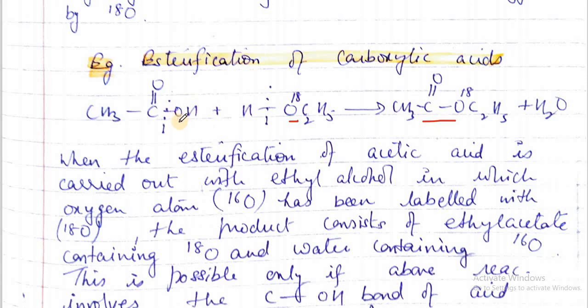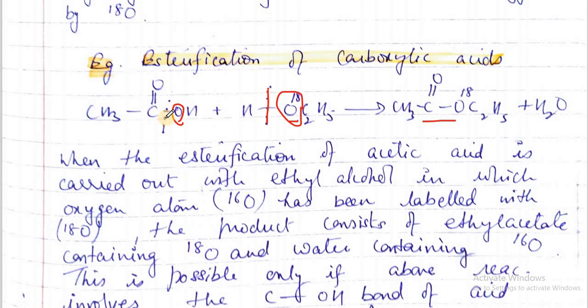The question is, whether this oxygen is present in the ester or that one. If this oxygen is present, then we can say this bond breaking takes place in the process.